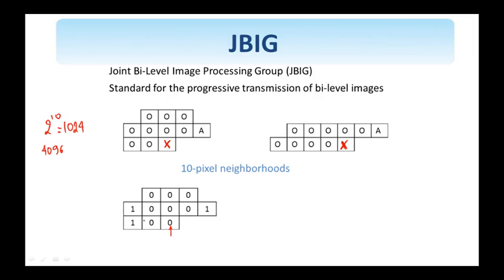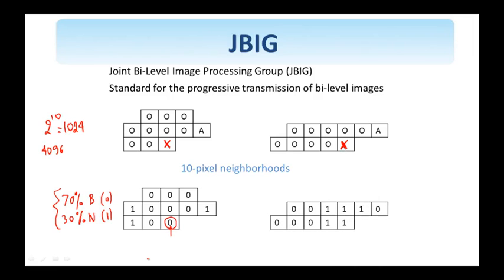and we look again at these 10 neighbors. We see that in this particular example, 70% of the pixels are black, the zeros, and 30% of the pixels are white, corresponding to ones. So an arithmetic coder that works with this probability of symbols is going to be utilized in encoding the value of the 0.